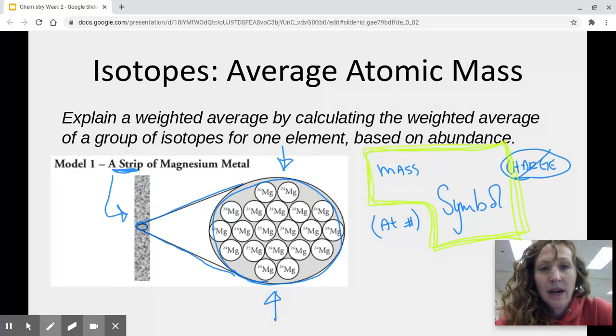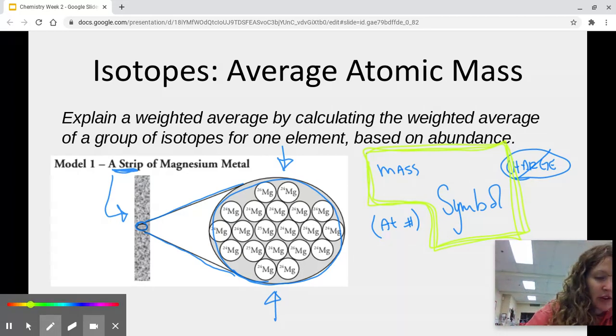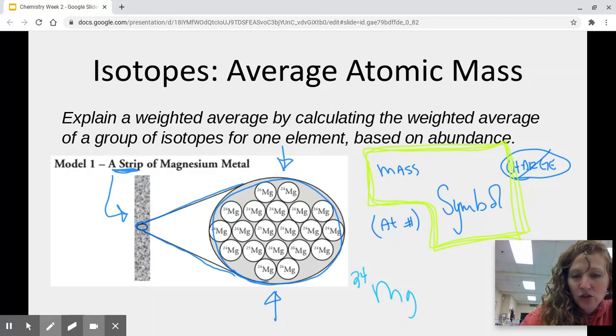Now I want you to look at the mass a little bit more closely. This would be a good time to pause the video and notice something. What do you notice when you look at all of these masses? And hopefully what you notice is most of them are magnesium 24. We have a lot of magnesium 24s in these drawings.